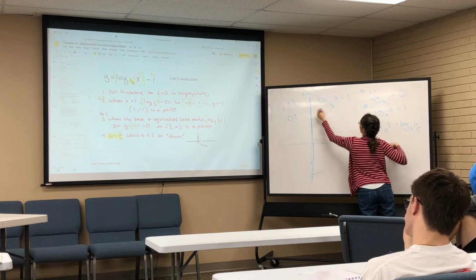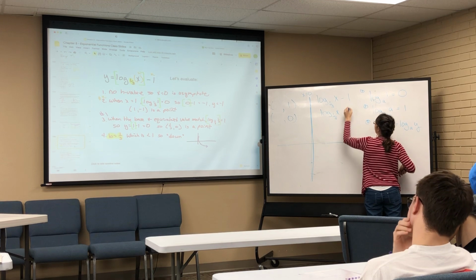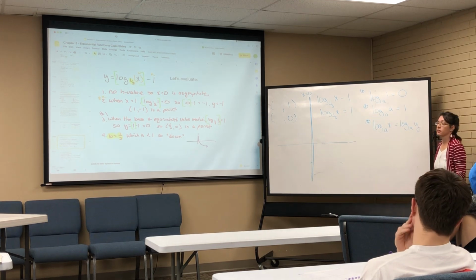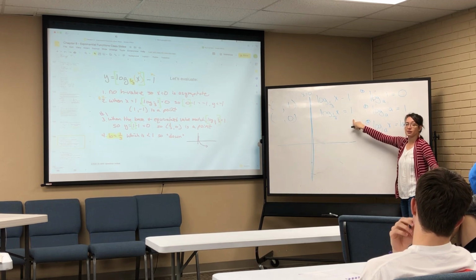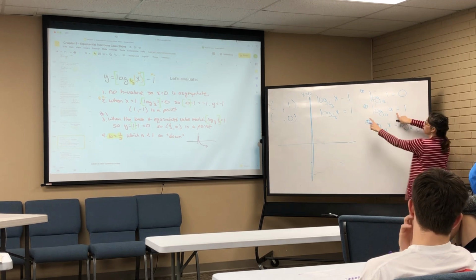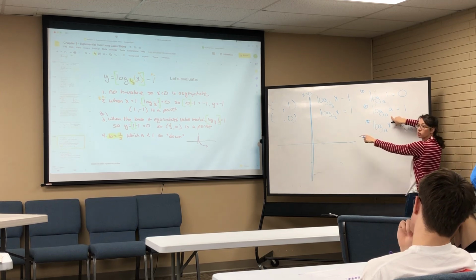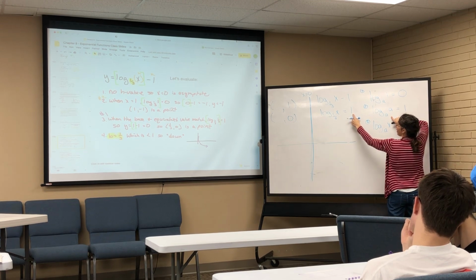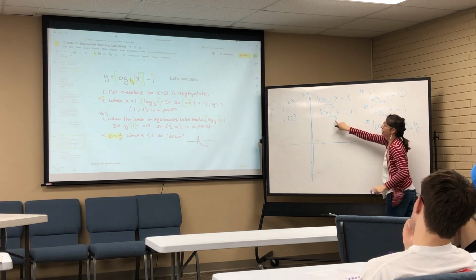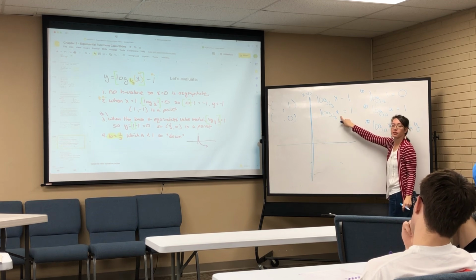So if we move this around, could I move this 1 over to the other side? Minus 1, can I move it to the other side and make it positive 1? Yes, okay. So do these look alike now? Yes. So I know I can have the y value of 1 when this x matches my base. So what does x have to be? 1/3.